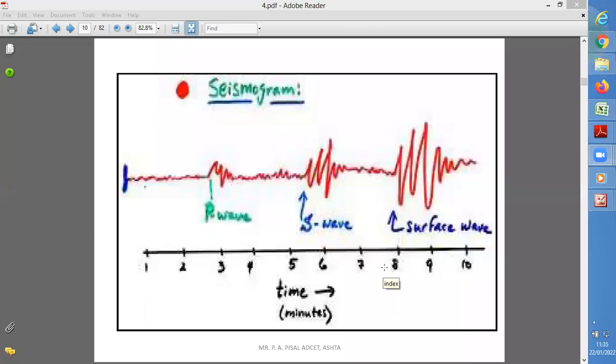So now is the screen visible? Yes, sir. So sorry again for disturbance.